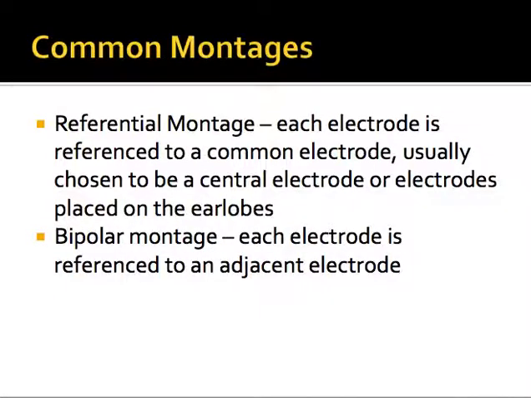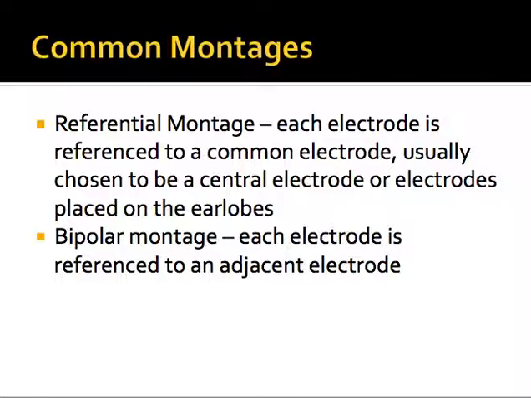The montage refers to how the electrodes are referenced. Remember that any voltage measurement is always a differential measurement. You can't measure the voltage of a point. You're always measuring the voltage between a point and something that we often call ground. In EEG, that's referred to as the reference, and how you reference your EEG and how you lay out your probes are related.